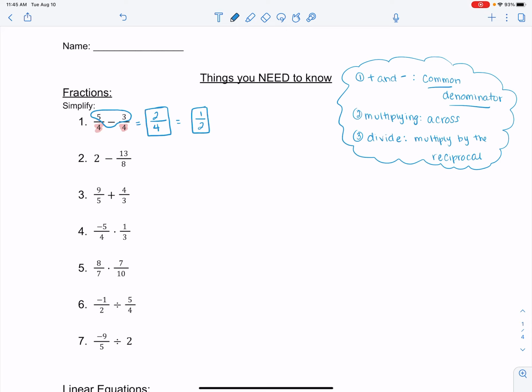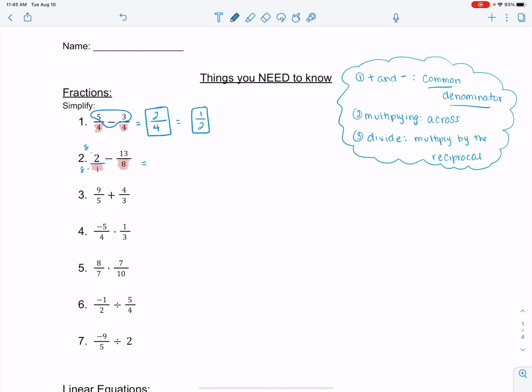Okay, the second one is subtraction again, but if we look at the denominators, this one has a denominator of 8, and the 2 doesn't have one. So we're going to give it a denominator. 2 whole is the same as 2 divided by 1. All right, I can't subtract these until I get them both to a common denominator. I know I can change the 1 to an 8 if I multiply by 8, but you're only allowed to do that if you do it to the numerator also.